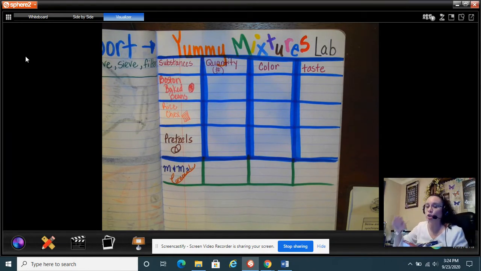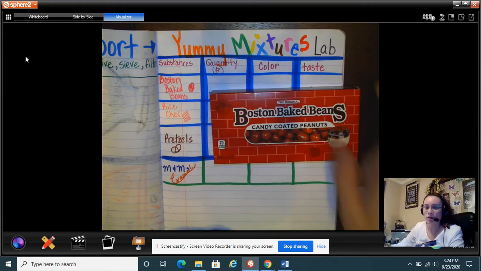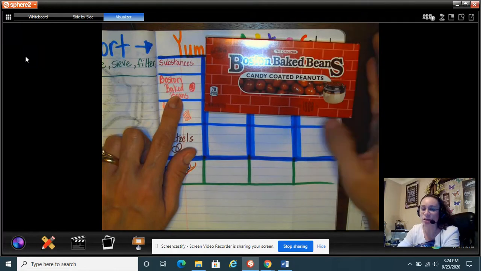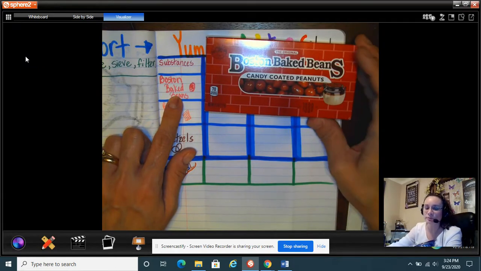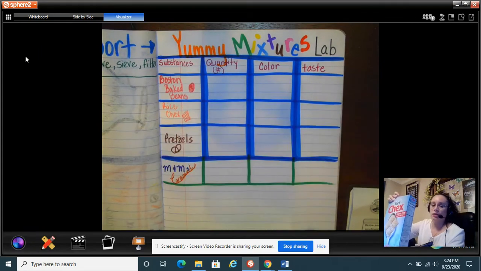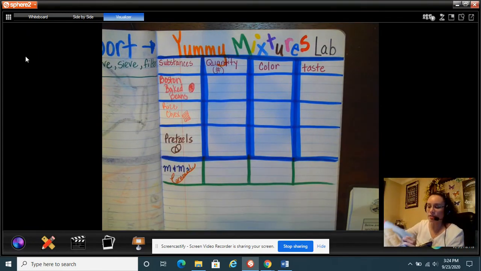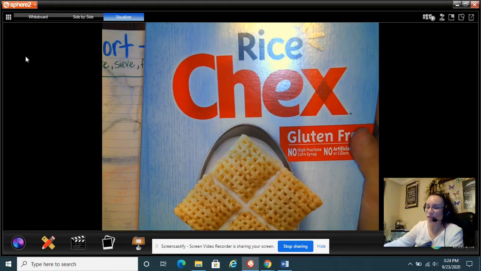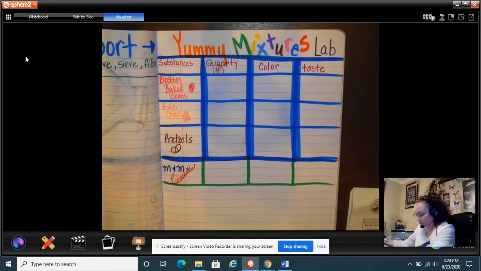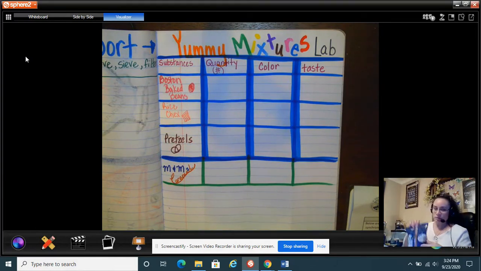Now you're going to collect what you like. Boston baked beans. No, they're not frijoles. They're candy coated peanuts. Then my second best is cereal, Rice Chex, just because se hace mucho. It gives a lot to my family when I put it in a bowl. And then pretzels.